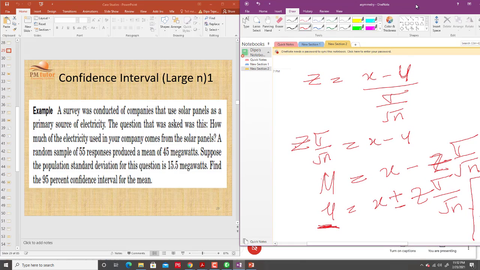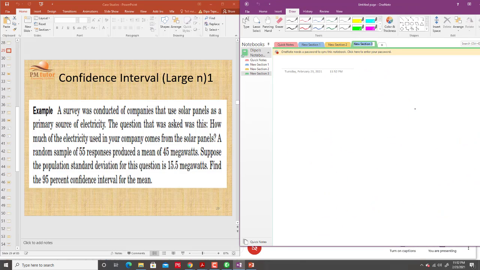This is how we are going to solve it. Okay, so we know, please listen, that the 95% confidence interval is given this way. We already calculated this earlier on: x minus z, this z, what's this z? That's the next thing.